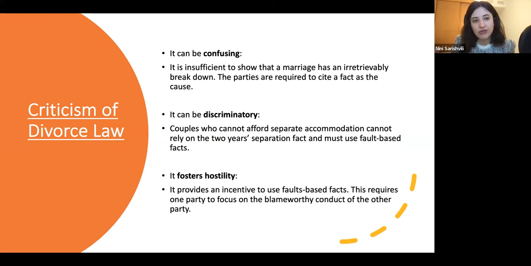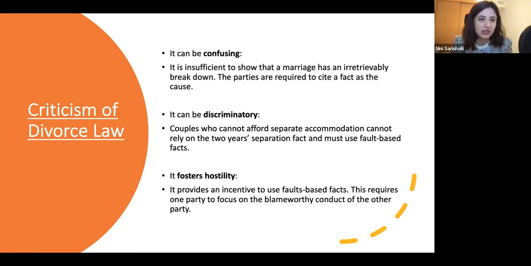The criticism of divorce law, and why it should be reformed, why it is being reformed. Firstly, it can be confusing. It is insufficient to show that a marriage is in irretrievable breakdown. It can be quite challenging for someone who wants to get a divorce to get evidence and facts to prove to the court that the marriage has broken down.